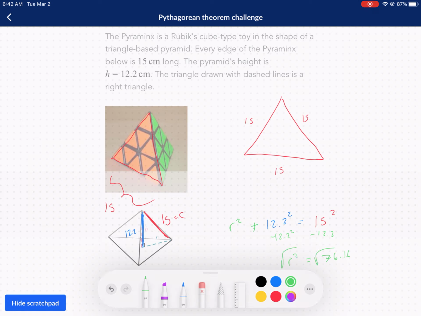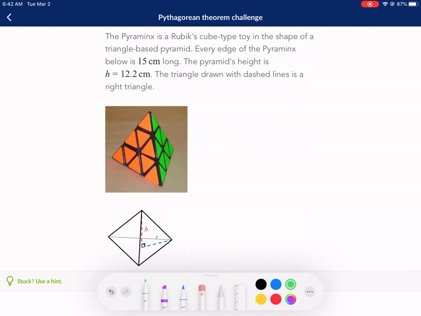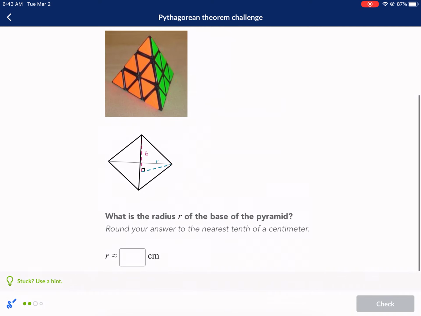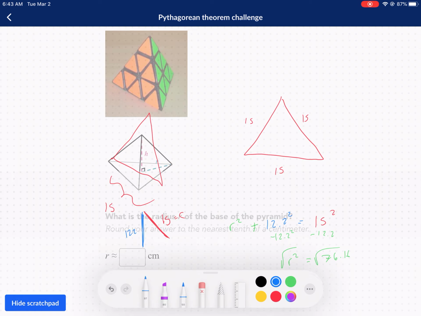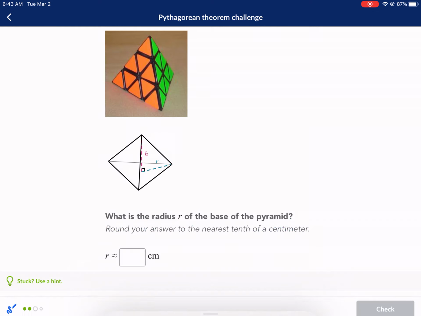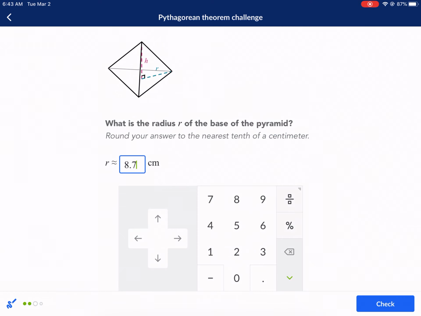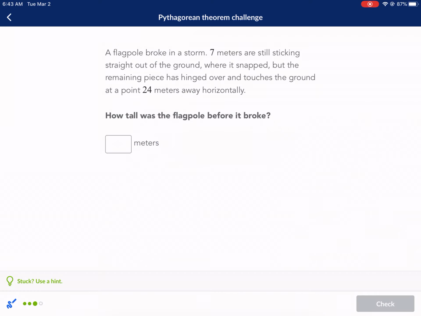And I just take the square root of that. I feel like they did all the work for us. I'm scared this isn't the right answer. It says round to the nearest what? Nearest tenth. So I got the number 8.73, so that's going to just stay as 8.7. We'll test it out. What do you know?